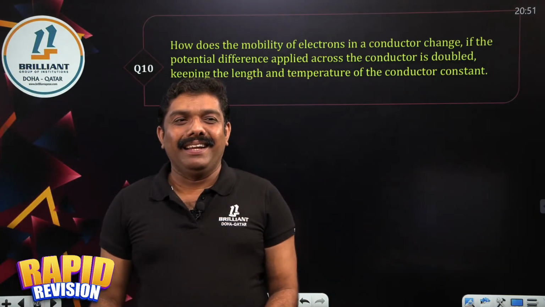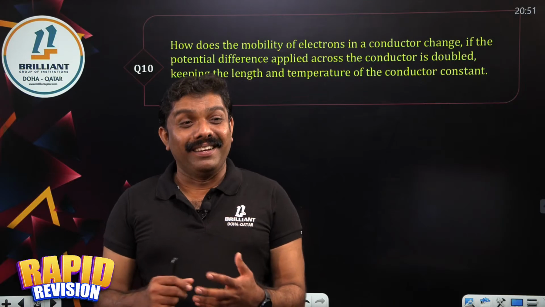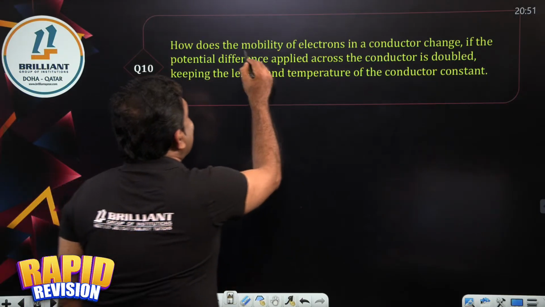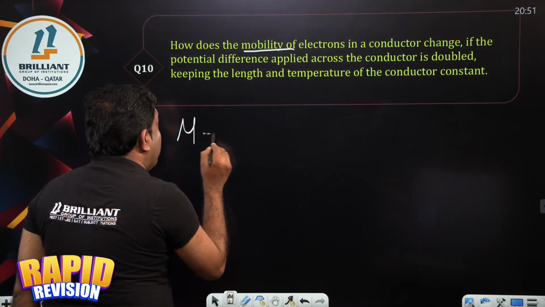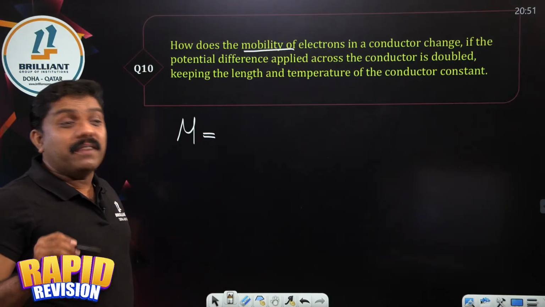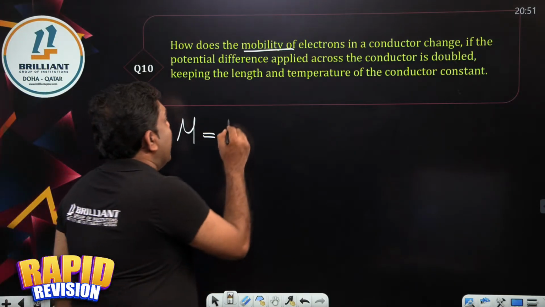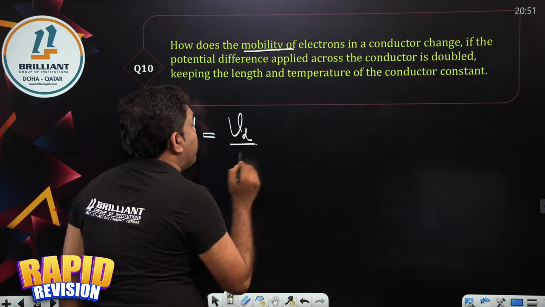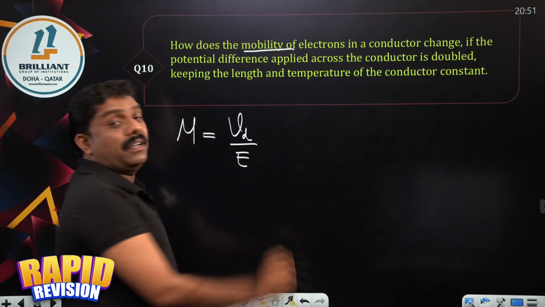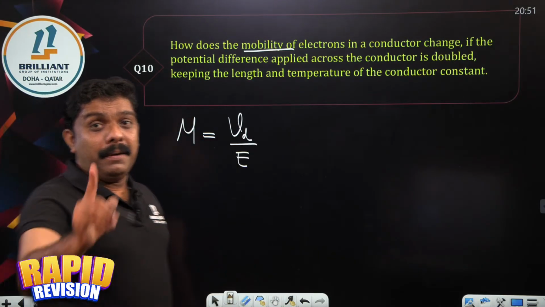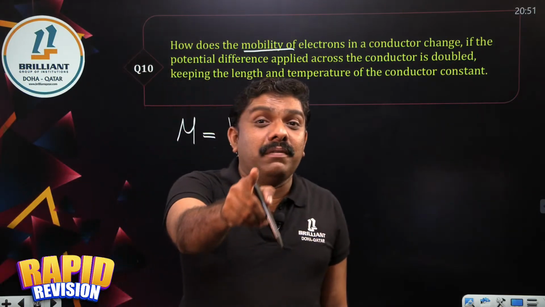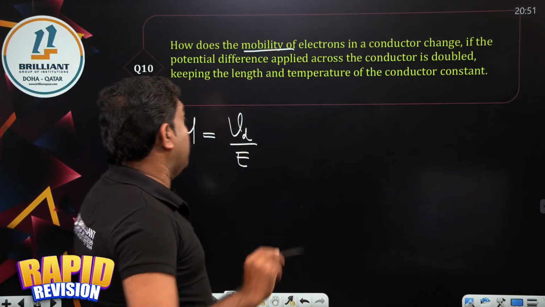So what is actually mobility? Mobility is mu. Mobility is the ratio of drift velocity to the applied electric field.